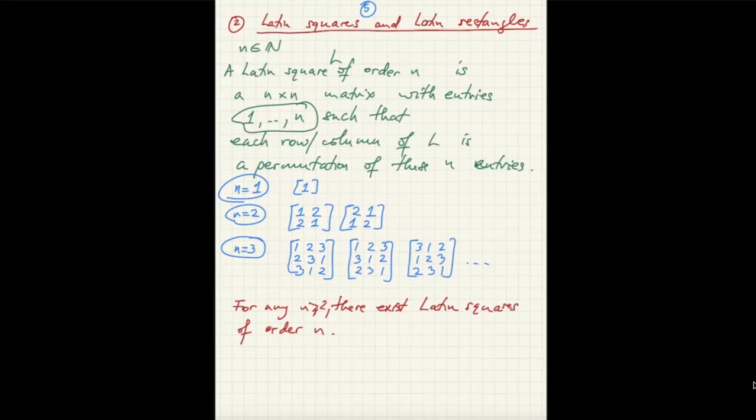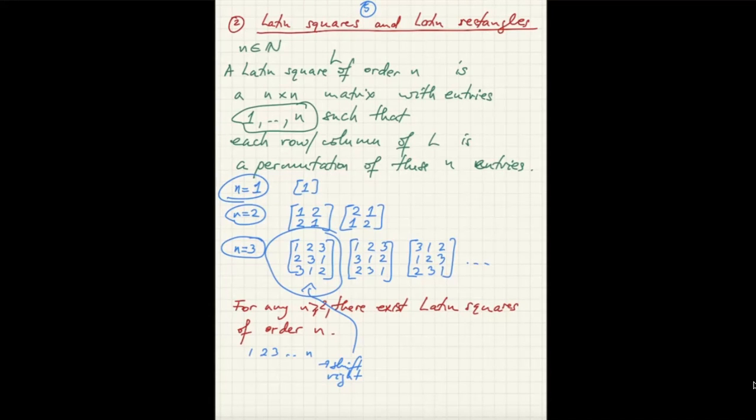How do you build some of them? Well, you can write 1, 2, 3, and so on up to n, and then you can shift. If you shift to the left, you get this one here.